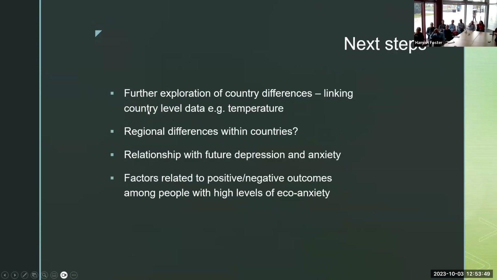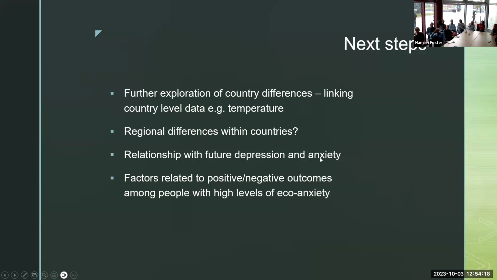And in terms of next steps, I'd like to explore the country differences a bit more, so linking in data like temperature and other geographical and socio-political variables. Maybe look at regional differences, so are there differences between people who live near the coast or not, or urban-rural differences, and also looking at the risk of future depression and anxiety.